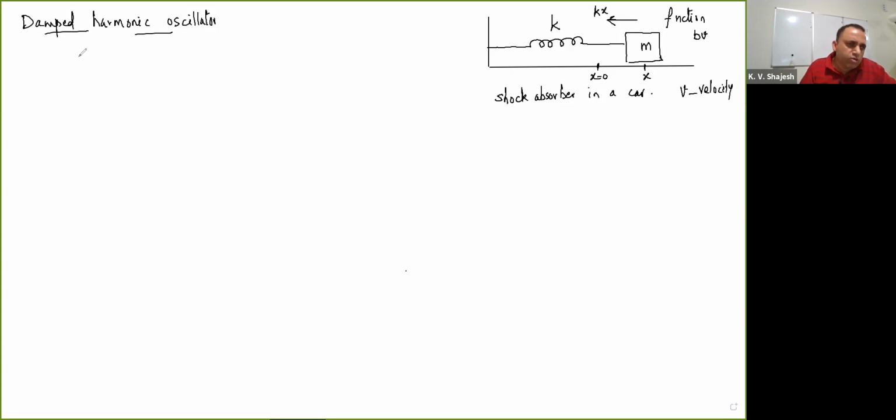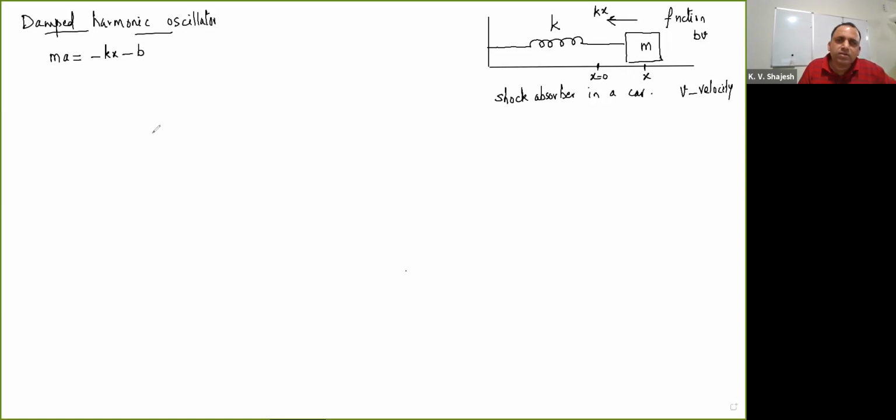Okay, so using Newton's law, we have mass times acceleration equal to the two forces this time. Last time we had just the oscillator force, which is minus kx, and friction is also in the opposite direction, so that's minus b times v.